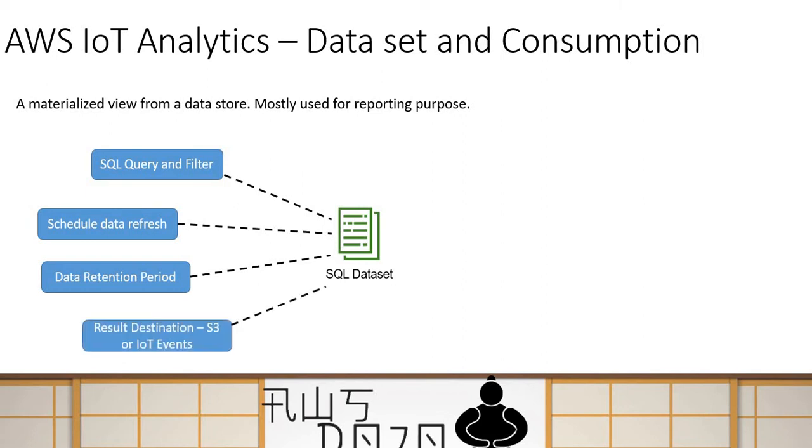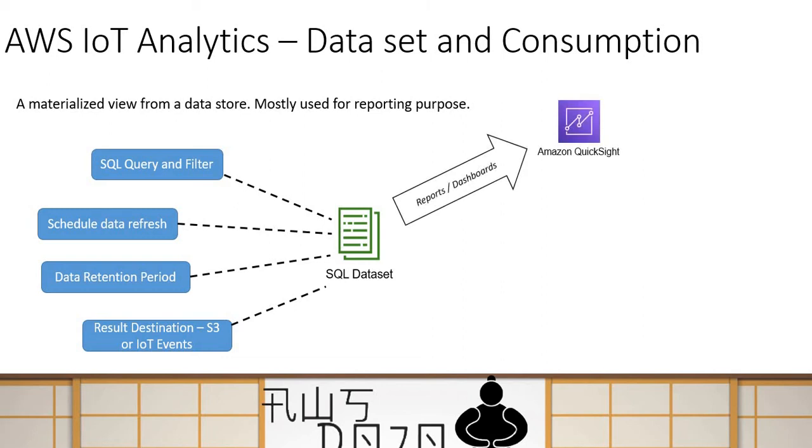And then you can also select a destination for your data set or result, which could be S3 or IoT events. So I will not go to IoT events at this point of time because that's a separate topic in itself, but in the interest of today's discussion, your destination could be an S3 bucket where the data is stored, and then your consumer can simply use this data for their reporting purposes.